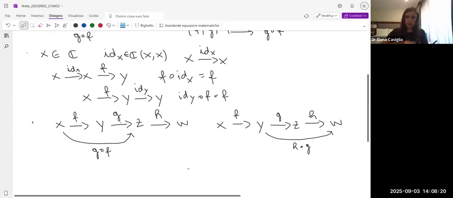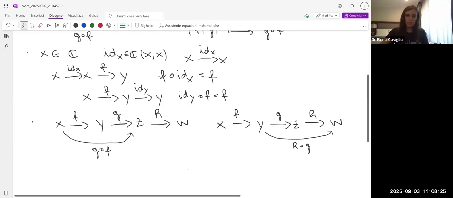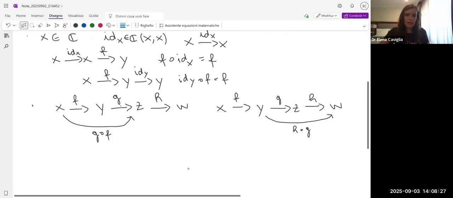So we have this associativity of the composition. And this is everything that we need to talk about a category.